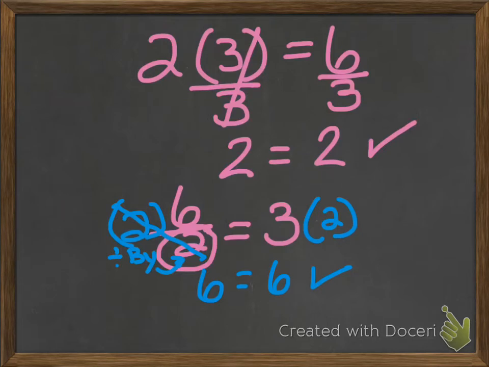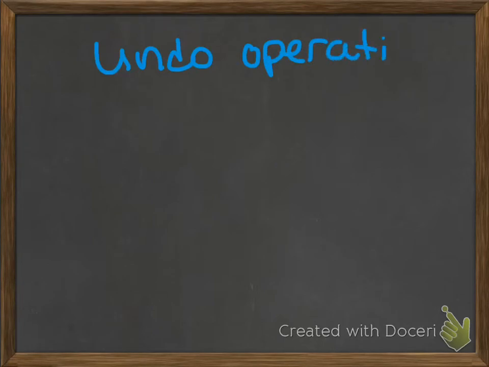Alright, so if you notice, in all 4 operations, adding, subtracting, multiplying, dividing, when we got rid of one thing, we undid that operation by doing the opposite. So if you want to undo an operation, if I want to undo adding something, then I would subtract.